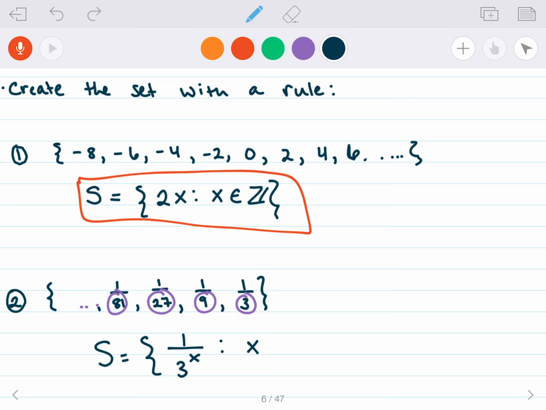It's not getting any bigger than 1/3. But it gets smaller and smaller in the other direction, so we can let x be any positive integer. So x is going to be in Z positive.